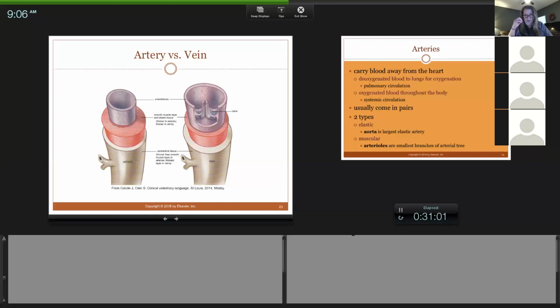Now, the reason that the muscular layer is important in an artery: there's times in the body that the animal is going to go through, well, we talked about vasoconstriction. When you have fight or flight, the arteries will vasoconstrict, which means they'll narrow, and it will shove the blood that was in there and send it to another area: muscle, brain, heart, lungs.